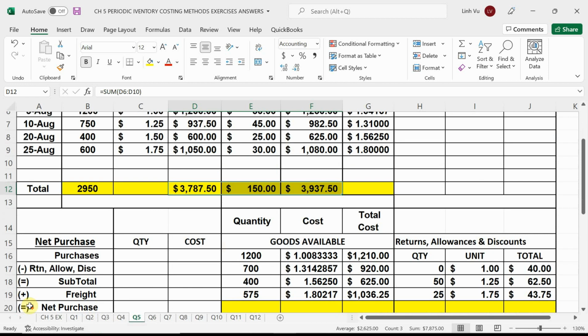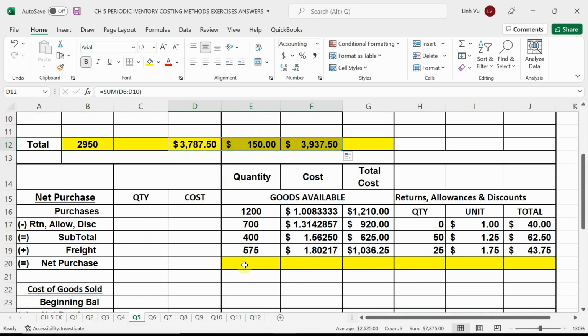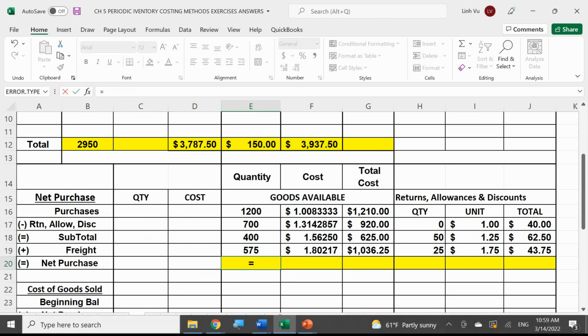So then let's go ahead and solve for my total goods available. $2,875.